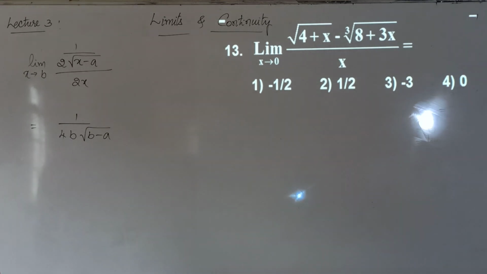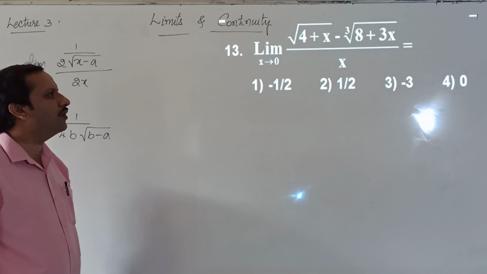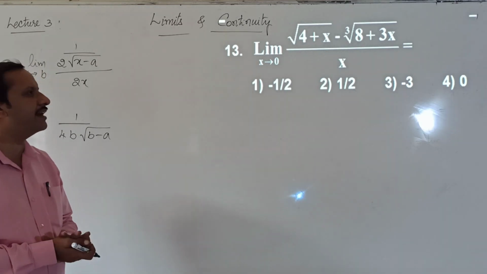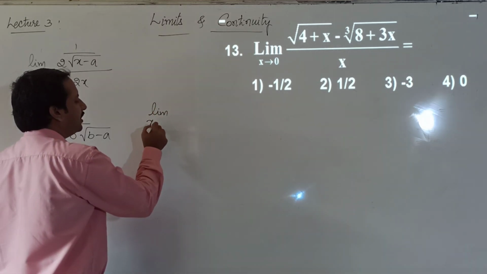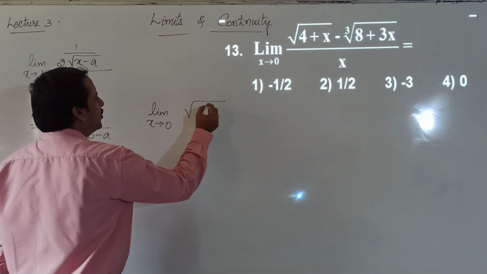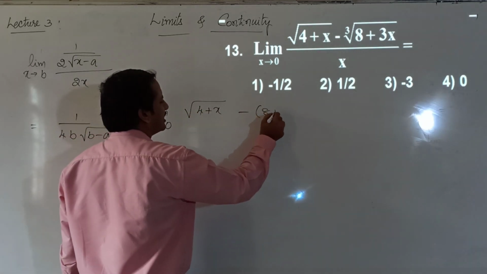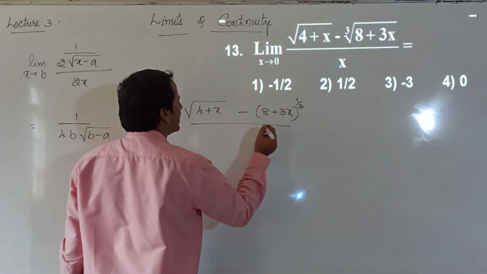Okay. Next, 13th question. Limit x tends to 0 of (root of 4 plus x minus cube root of 8 plus 3x) divided by x. Okay, I'll write it this way: limit x tends to 0 of (root of 4 plus x minus (8 plus 3x) to the power 1 by 3) divided by x.